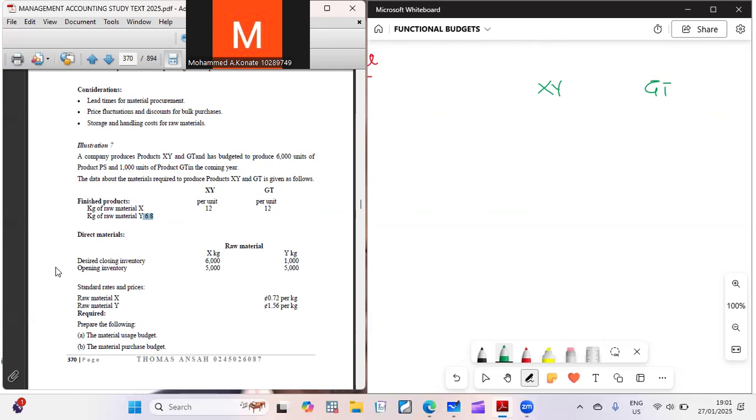Now, we already know per the production budget, 6,000 and 1,000, we need to prepare, because look at it. This is the production unit. It says they have budgeted to produce, so we already have the production unit of XY.